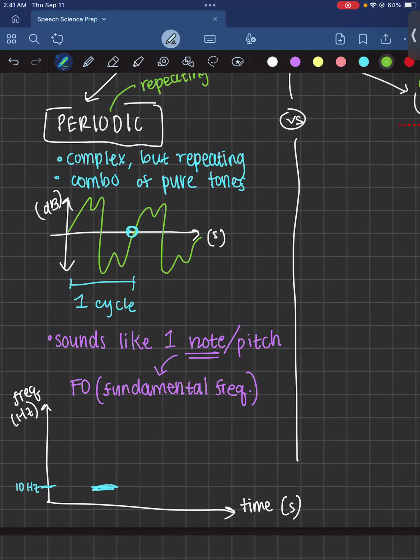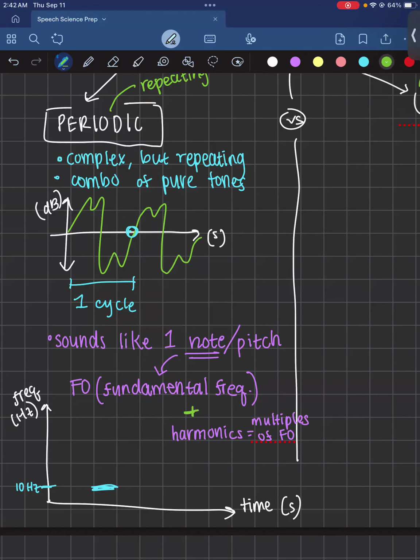But there's also something called harmonics. These harmonics are multiples of F naught, or the fundamental frequency. So even though we hear one single tone and it may sound like a pure tone to us, in actuality, it's F naught plus these harmonics.